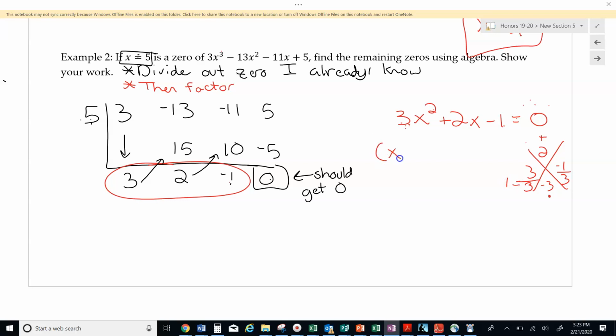So I get x plus 1, 3x minus 1 equals 0. x plus 1, 3x minus 1. Subtract. Add.